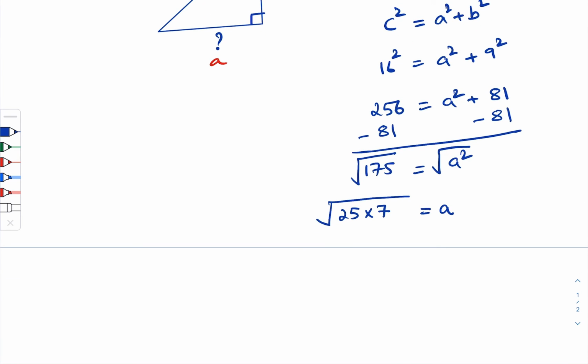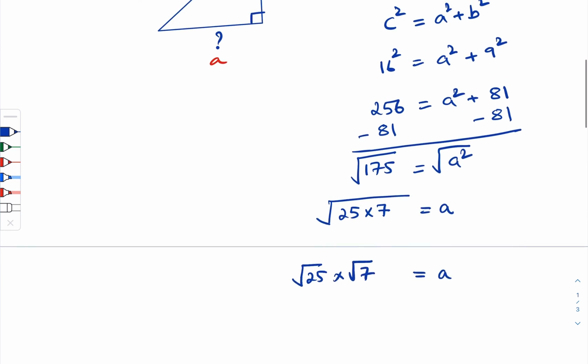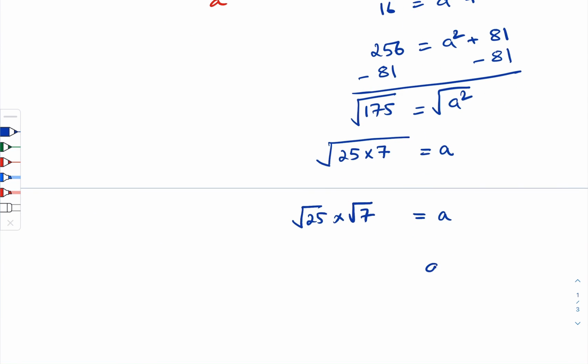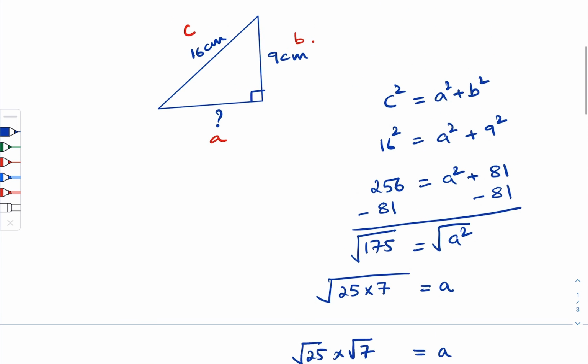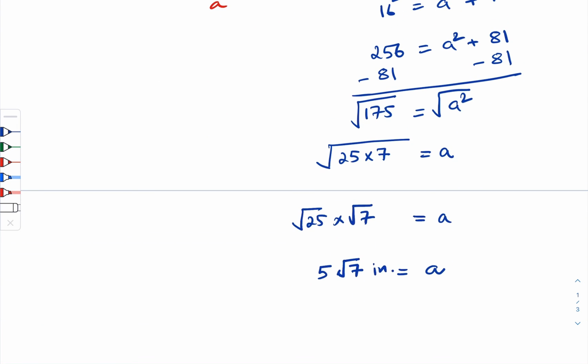So we can write that as A is equal to the square root of 25 times the square root of 7, or A is equal to 5 times the square root of 7. And that is really your answer. Is that inches? That's centimeters. So the length of that unknown side is 5 times the square root of 7 centimeters. That is the length of A.